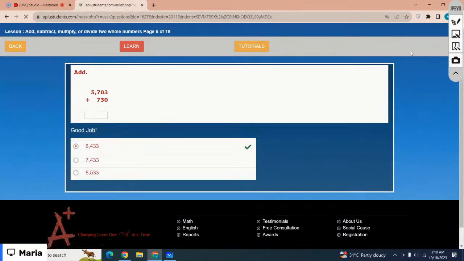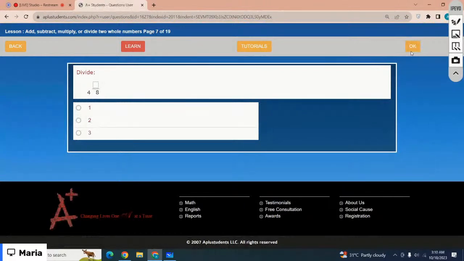Option 1 is the correct option. Okay, you have to divide 8 by 4. Which is the correct option? 4 times 2 is 8. Very good. The correct option is 2.